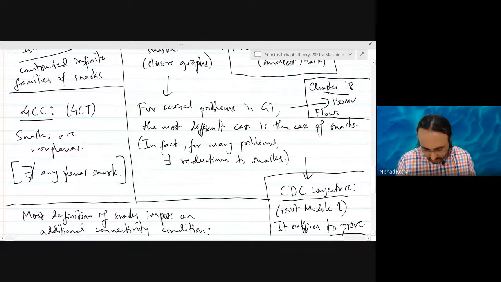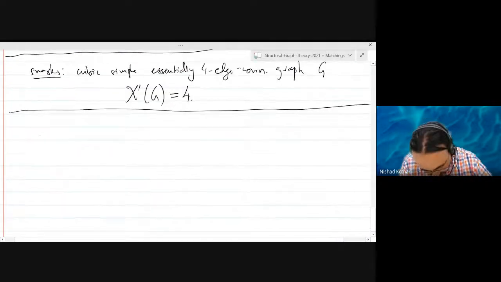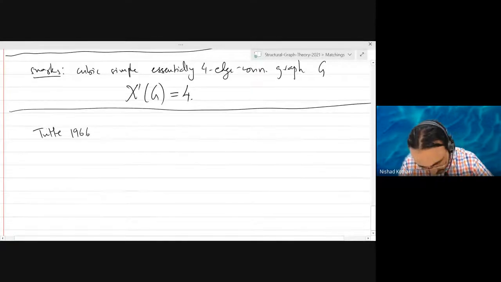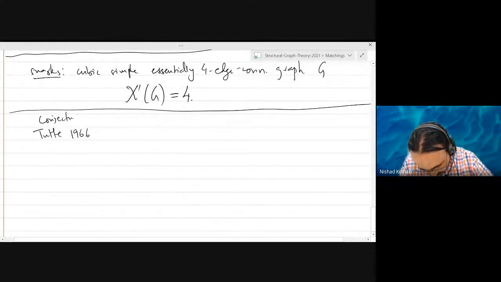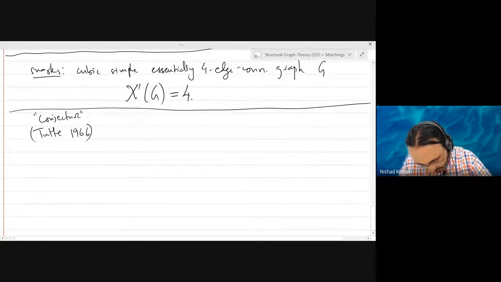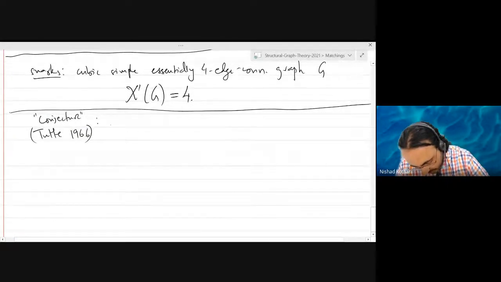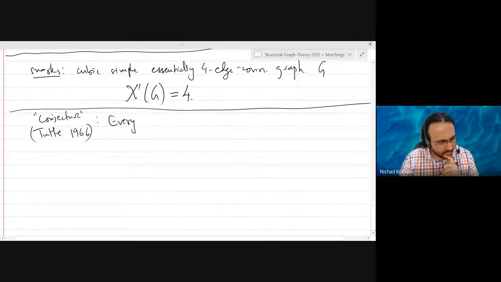So let me state that. This is a conjecture of Tutt from 1966. I'll put it in double quotes and explain why. So this is related to the question someone asked earlier. Maybe it was Krishnan, I'm not sure.